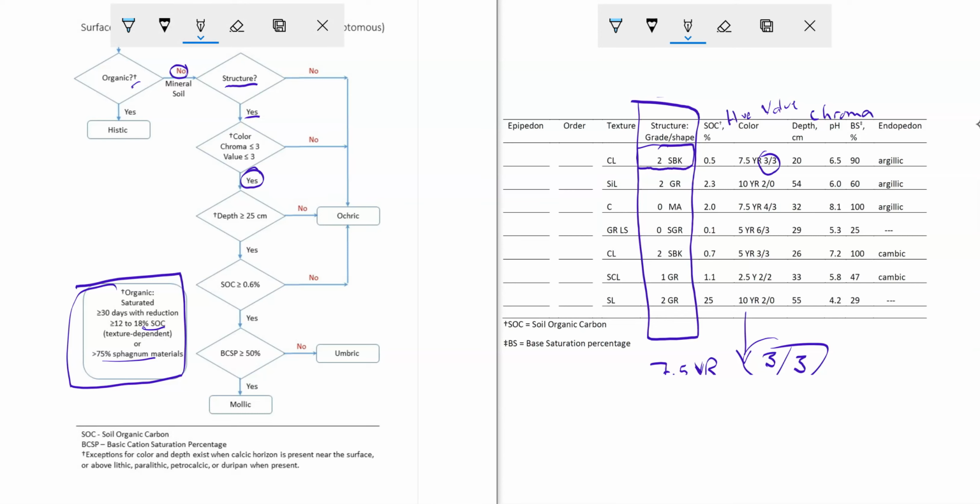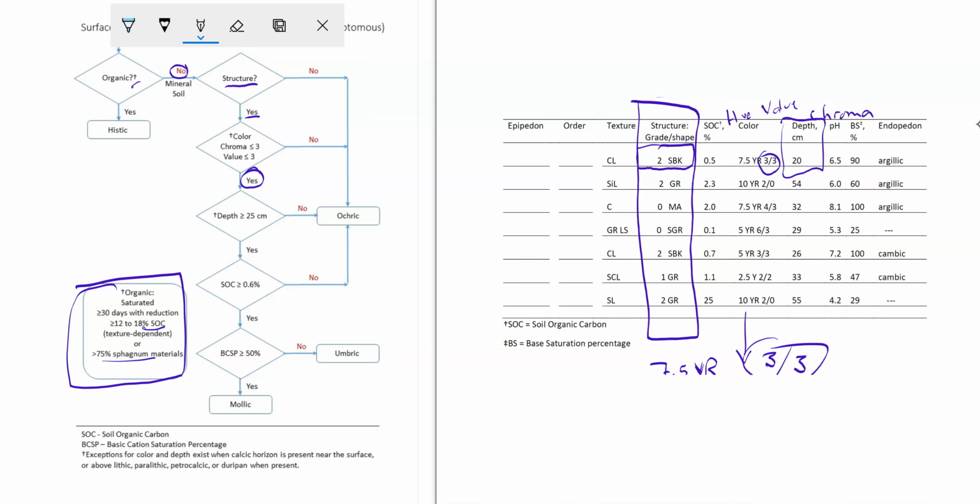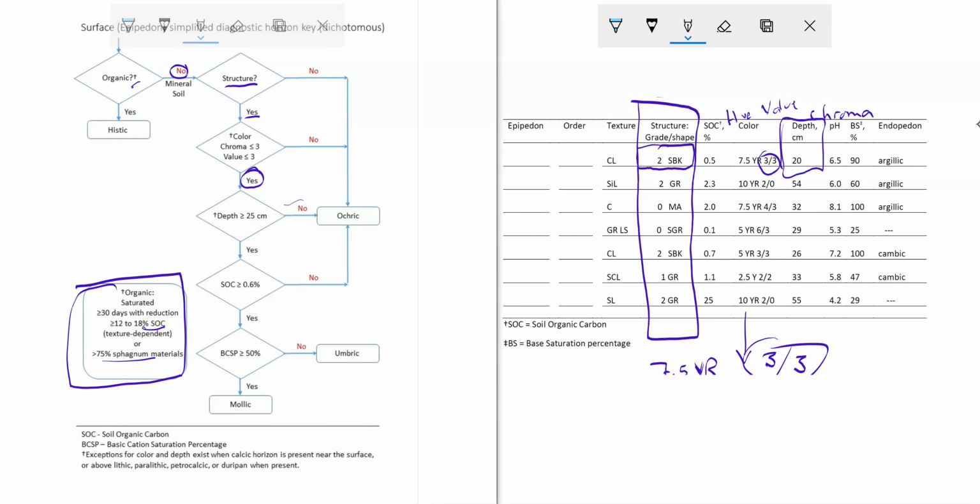Is that horizon thicker than 25 centimeters? Well, now we're looking at our depth. What is the depth or the thickness of that horizon? It's 20 centimeters. This is asking, is it greater than or equal to 25? So our answer is no, it's not. Now that leads us to a box, to a rectangle, and this rectangle says ochric.